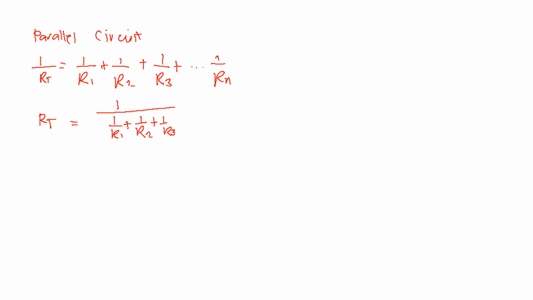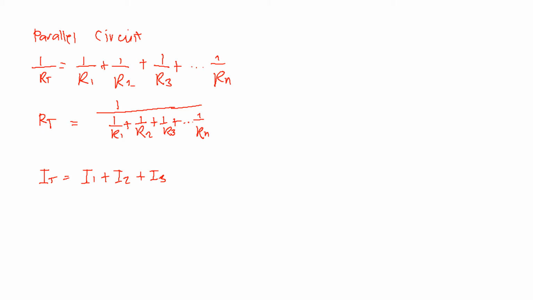over R3 plus 1 over Rn. Then to solve for the total current, it must be I1 plus I2 plus I3. So it must be the total current in each node.